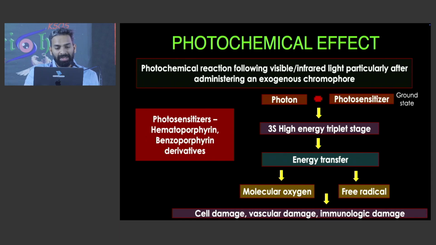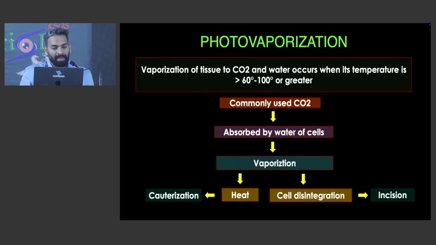In photochemical, there is a photosensitizer like hematoporphyrin, which gets sensitized by the photon, giving a high energy triplet state. Energy is transferred to molecular oxygen, and free radicals cause cell damage, vascular damage or immunological damage.